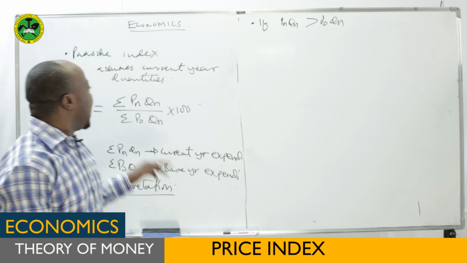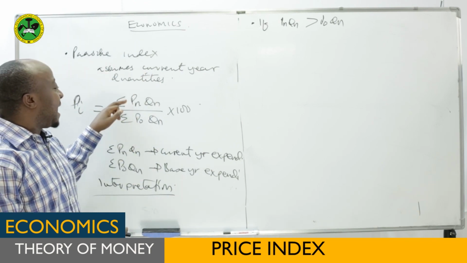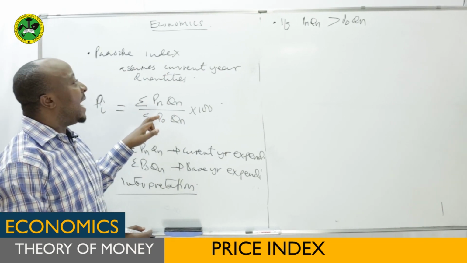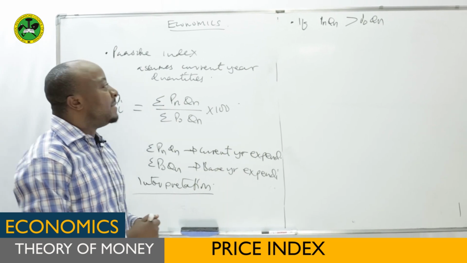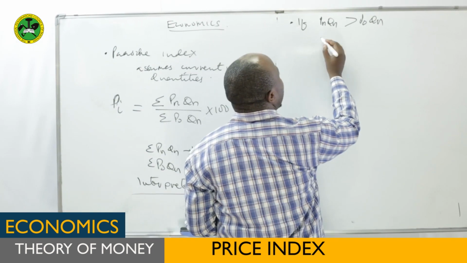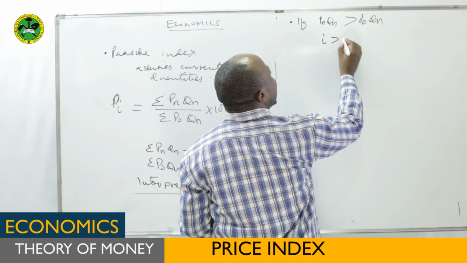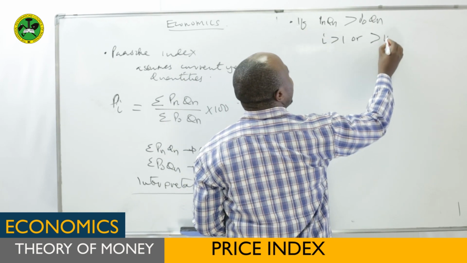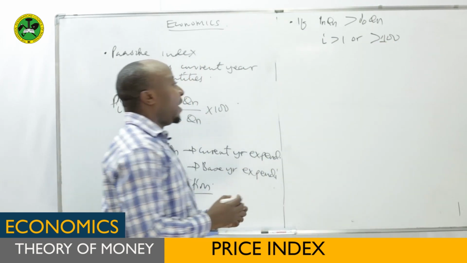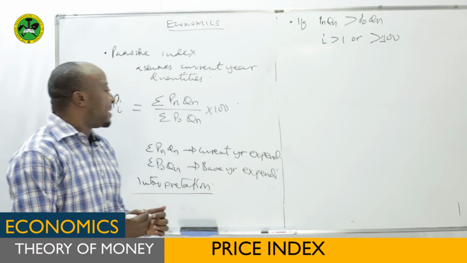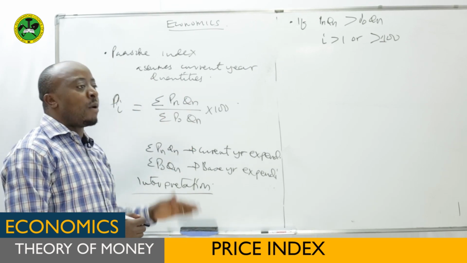It means now the numerator is greater than the denominator, so the answer is greater than 1. The index is greater than 1, or greater than 100 if you multiply by 100. If you don't multiply, it will be above 1.